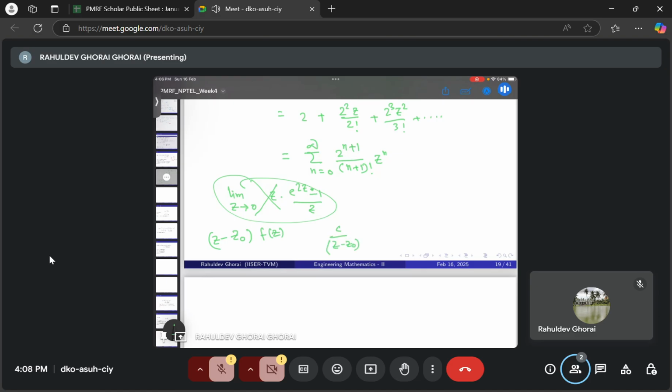So do we have this type of term in the Laurent series expansion? No, right? So this cannot be a simple pole.